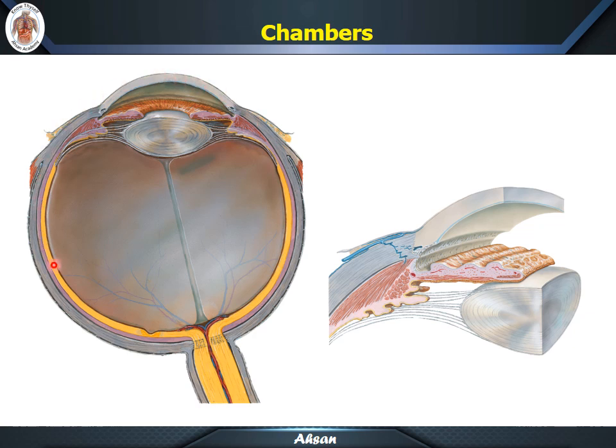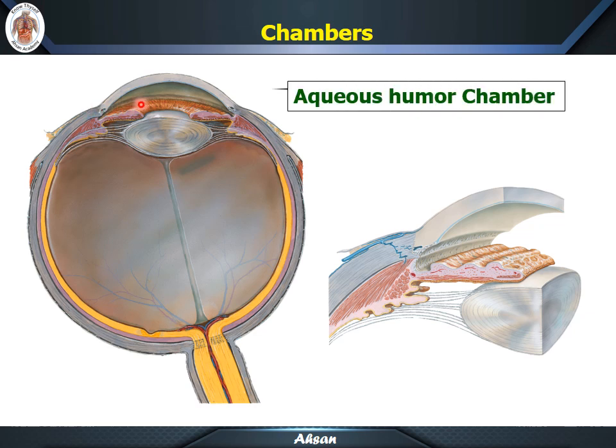This is the eyeball, this is the wall, and this eyeball contains cavities. These are known as chambers. This is the aqueous humor chamber, and this is the vitreous humor chamber. The anterior part has a fluid-containing chamber, and the posterior part has a semi-jelly-like substance.